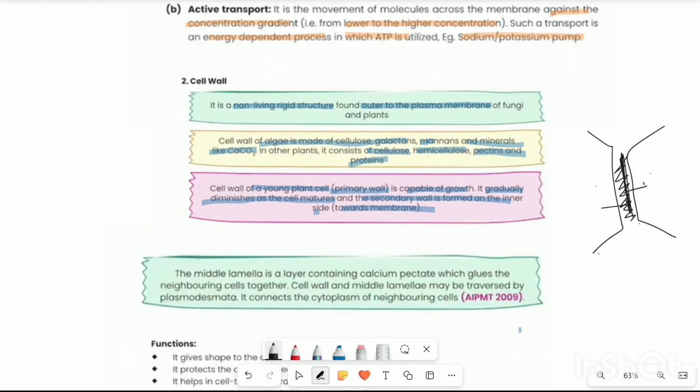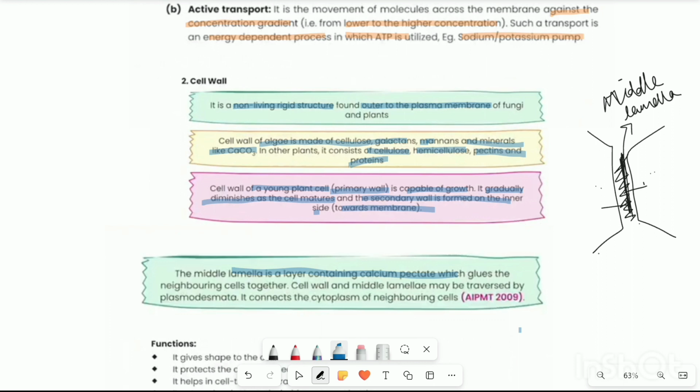The layer which is connecting two cells we call the middle lamella, which contains calcium pectate, which connects two neighboring cells together, which glues the neighboring cells together.